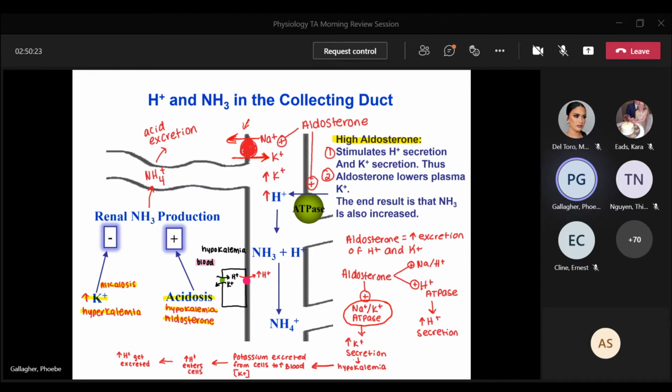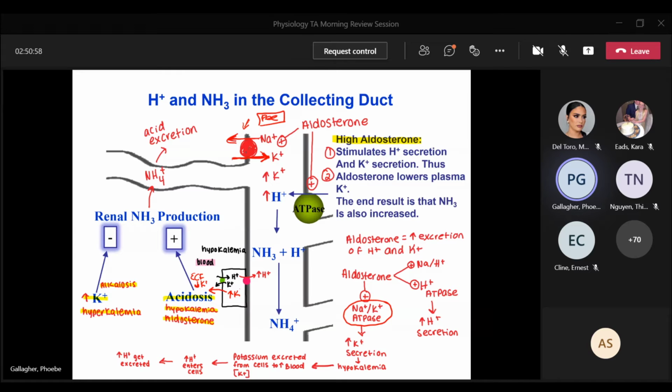So when you have hypokalemia, remember that your cells have high amounts of potassium, whereas your ECF, like your blood, typically has lower amounts of potassium. So when you are pumping out more potassium into your tubule, in your pee, you're going to want to try to reestablish that potassium loss by moving potassium from your intracellular compartment to your extracellular compartment, right?